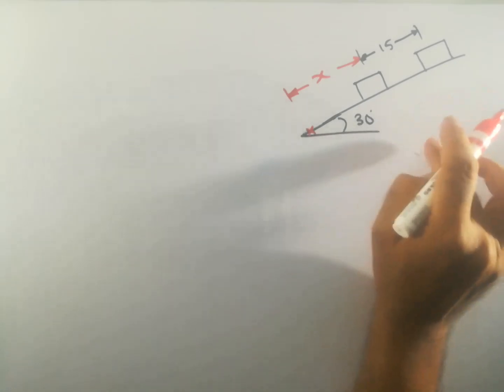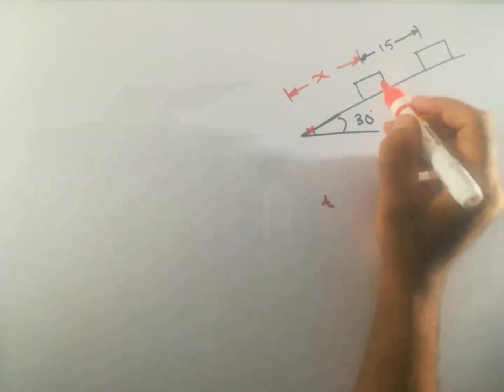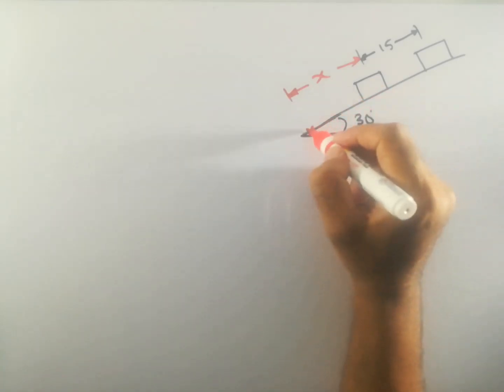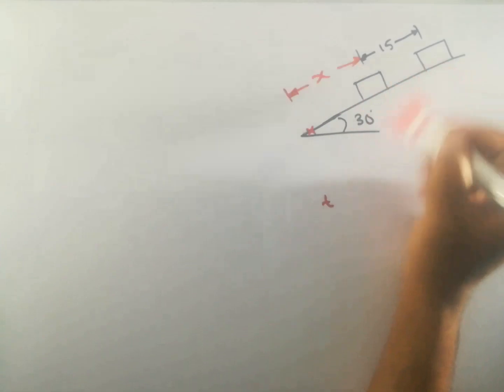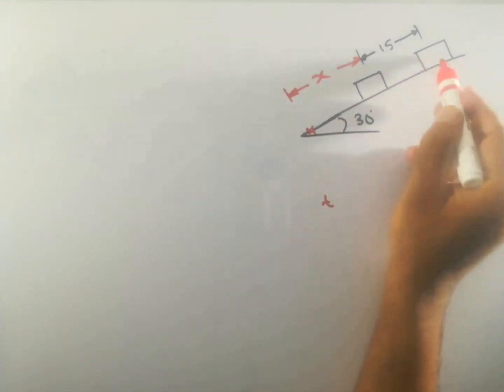So if t is the time in seconds for B to reach from its initial position to this point, in the same time t, A will reach this point from its initial position, that is from here.